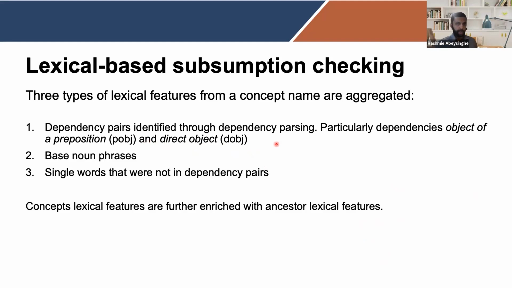We perform dependency parsing of concept names and identify two kinds of dependencies, object of preposition and direct object. And then we also aggregate based on phrases occurring in concept names. And finally, single words that were not part of dependency pairs. So this would form the lexical feature set of a particular concept.